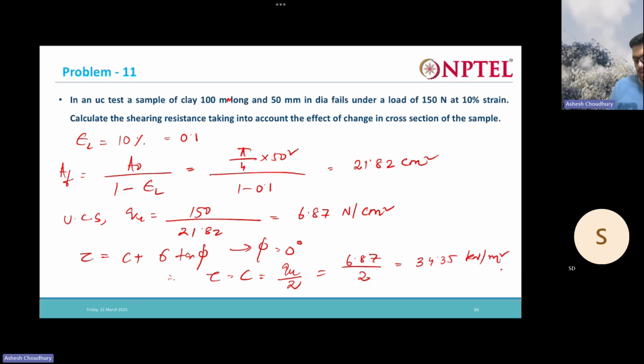If you convert Newton per centimeter square to kilonewton per meter square, it will be 34.35 kilonewton per meter square or kPa. Okay.